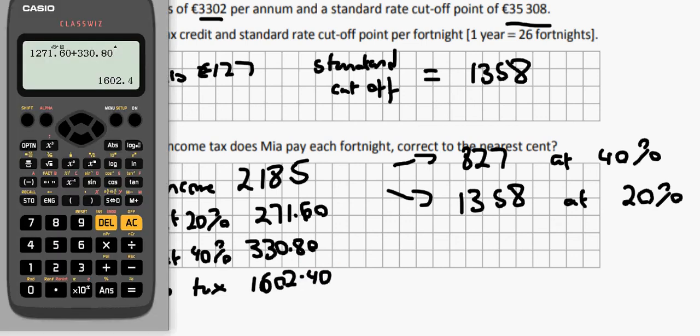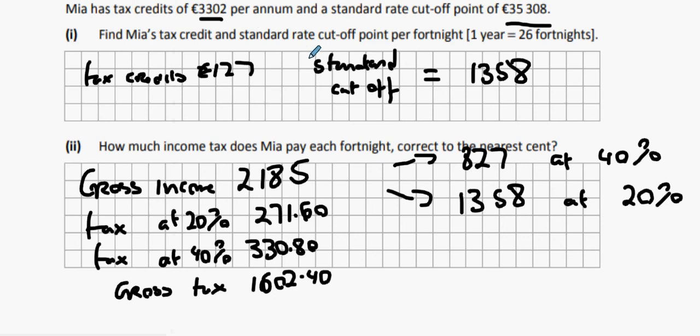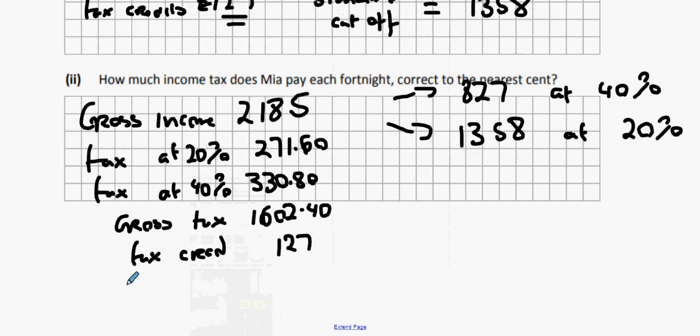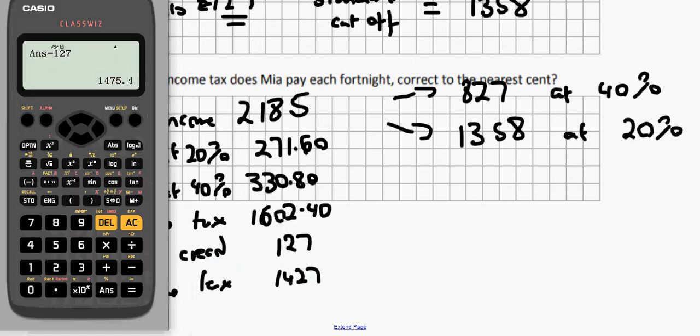All right, John, what's the point of tax credits? Yeah, it's tax you're not going to pay. You're meant to pay 1,602.40, but there's 127 euros worth you're not going to pay. So minus 127, and you get 1,475.40, and that gives you your income tax, which is how much tax you actually pay.